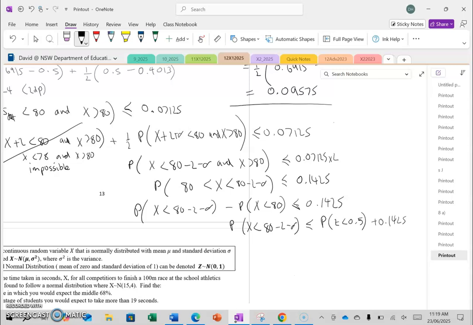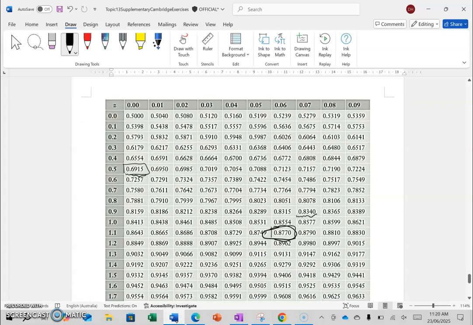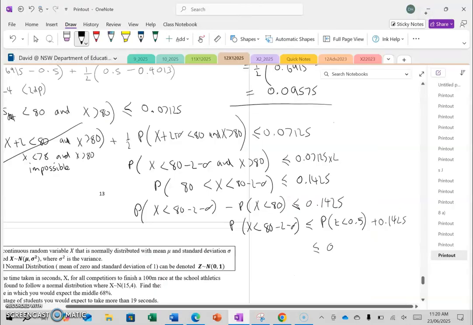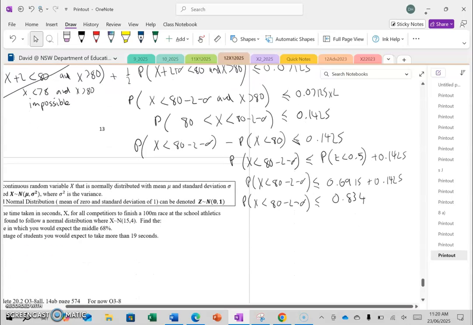Z less than 0.5. 0.5 there, 0.6915. Okay, and we get that this has to be less than 0.834.